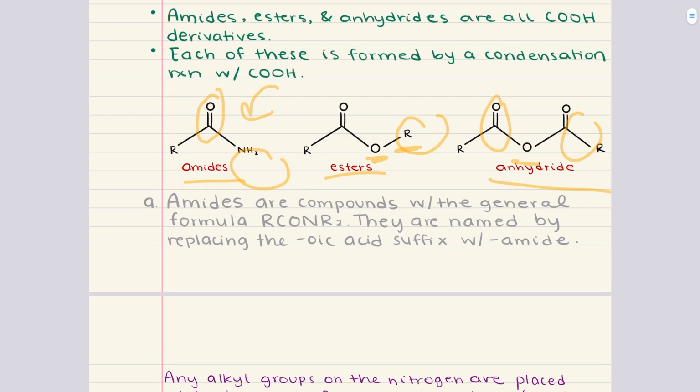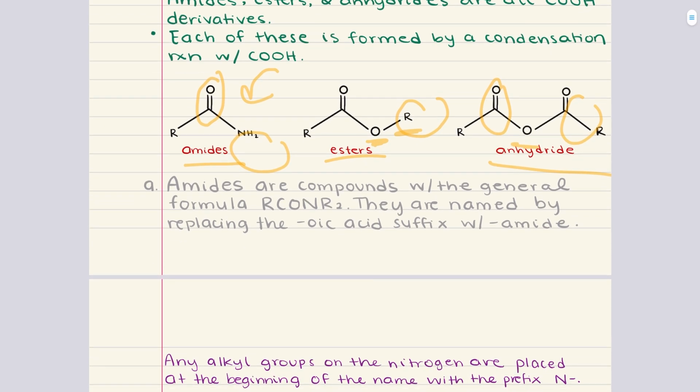Now let's focus a little more specifically on amides, and let's start with their naming and their special types. Amides are compounds with the general formula RCONR2, where the R groups attached to the nitrogen can be either hydrogen atoms or alkyl substituents.